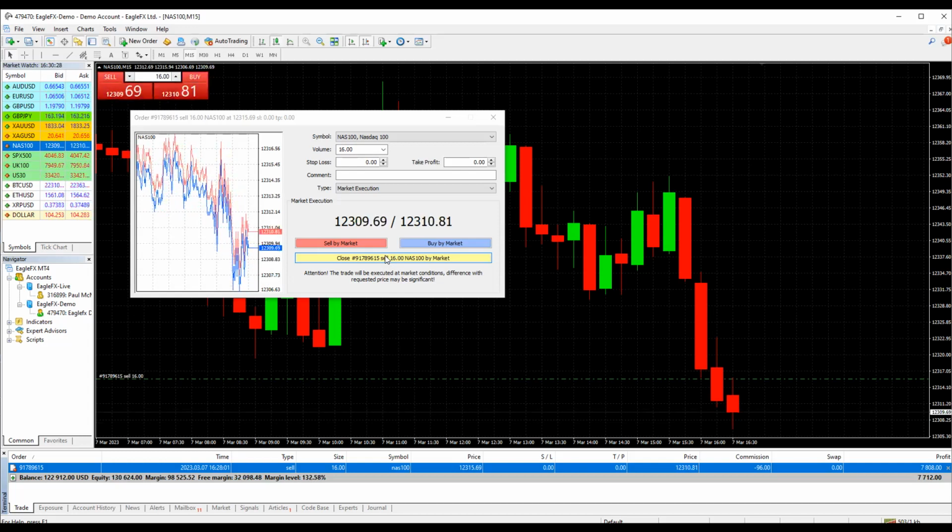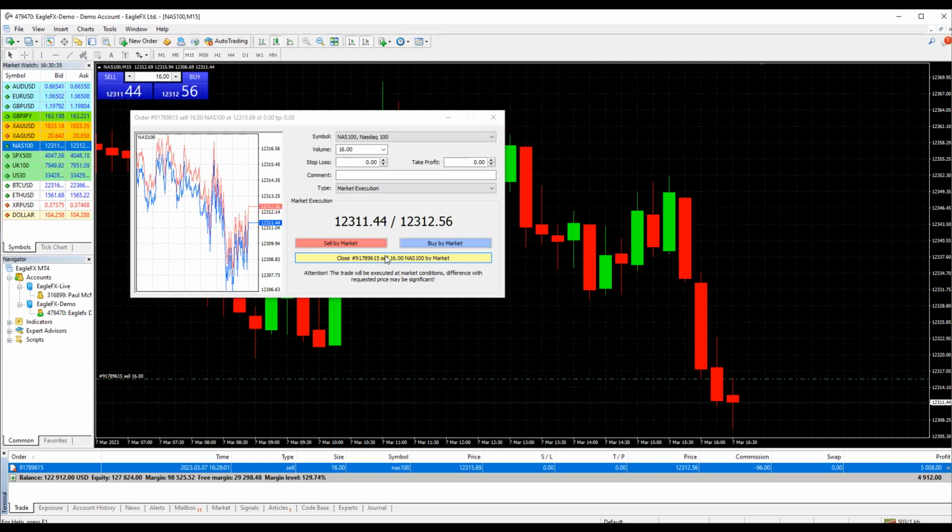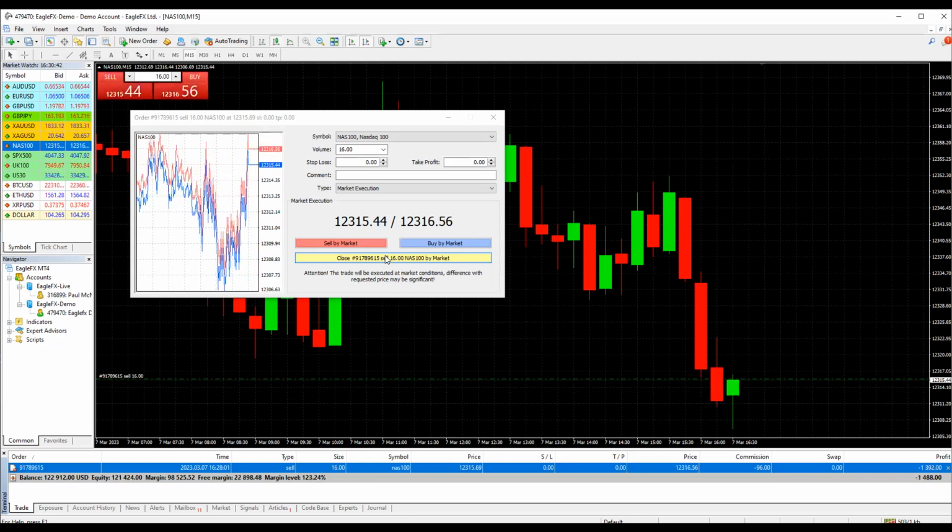I could close it and get my target, but I want to see if it's going to buy up, just to experiment. Yeah, so it's kind of buying up a little bit now. It's closing there.